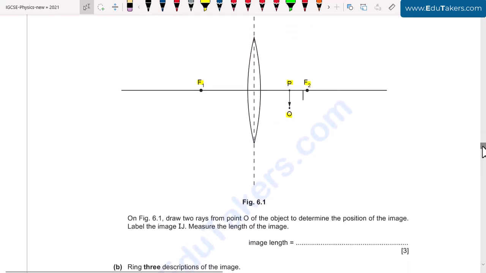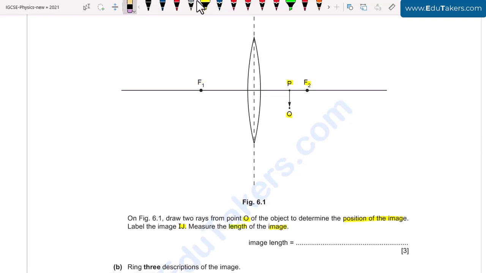Here we are asked on figure 6.1 to draw two rays from point O of the object to determine the position of the image. Label the image IJ. Measure the length of the image.